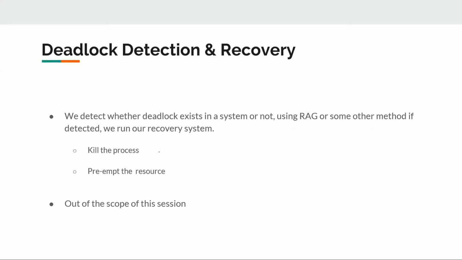For example, you can just kill the process, or you can preempt the resource, that is, the resource can be taken back from the process. This deadlock detection and recovery is a very complex and vast topic, and you don't have to worry much about how the recovery system works, how to detect and how to recover. It is out of the scope of this session, and you don't have to worry much about this concept.